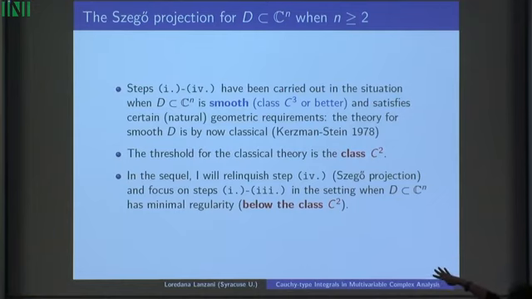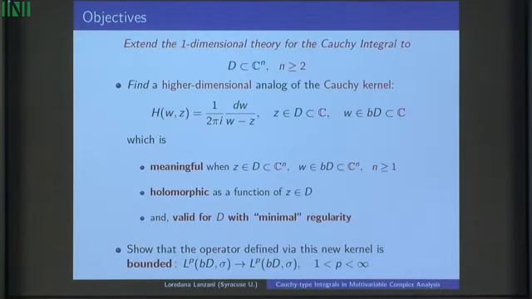So from now on, I'm going to relinquish any hope, because we don't have time, to look into the cancellation conditions that would give the solution to the regularity problem for the Szego projection. And I will just focus on the first 3 questions, which have purely to do with the Cauchy integral. And I'll remind you what they are. So we are now in 2 or more complex variables.